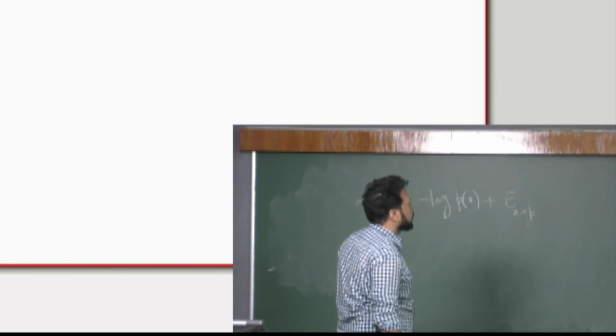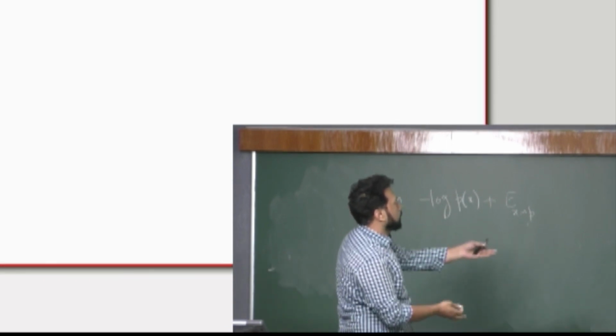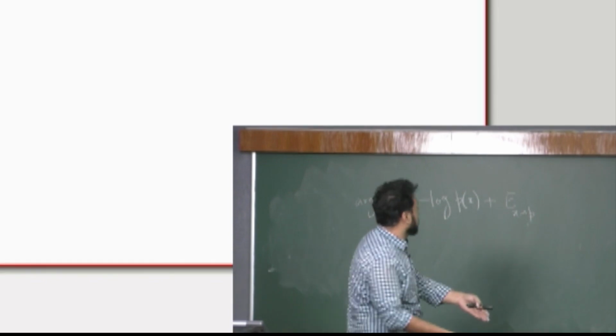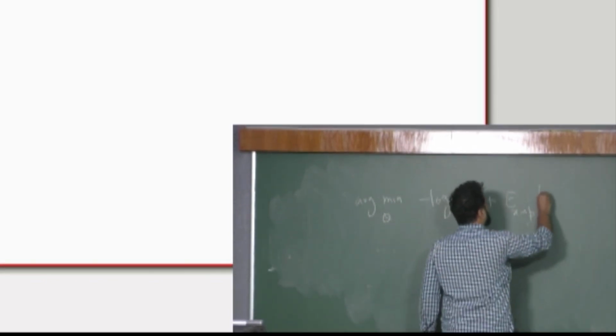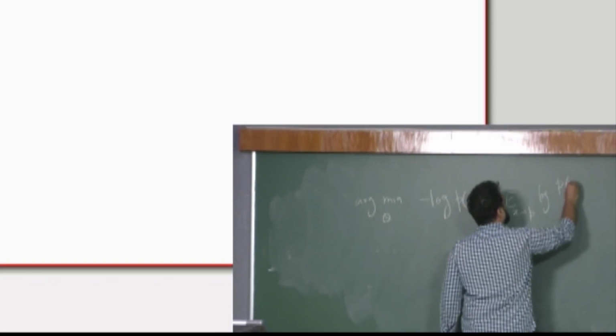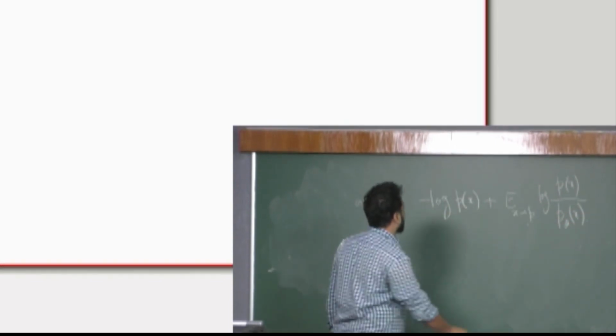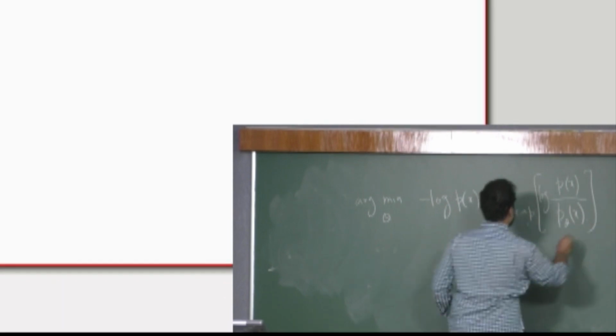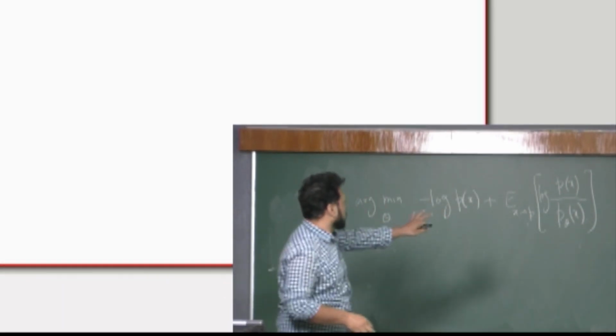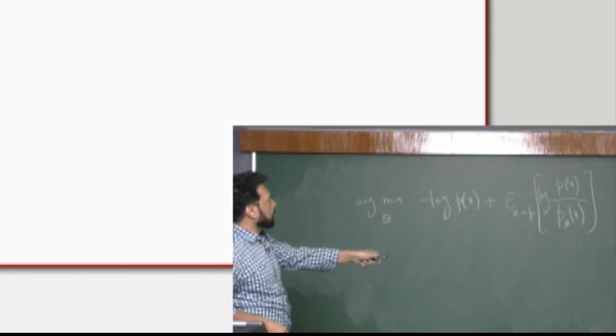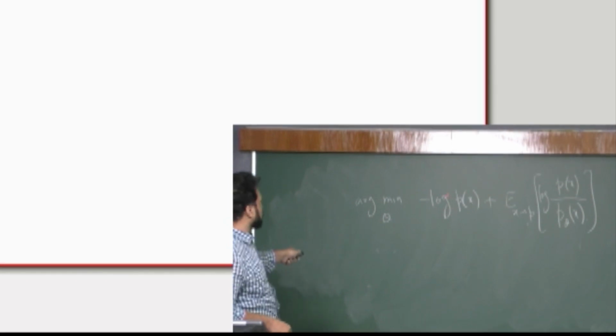So this is expectation of p log of p(x) by p theta, right? So log of, okay, let's see, it will work out, p(x) log of, right? So this is our KL divergence. Our second term is D(p, p theta), and the first term is the entropy term H(p).